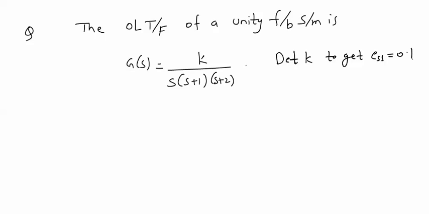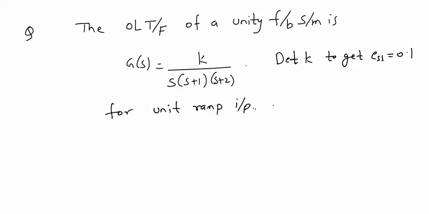So the question here is, I have to determine the value of K so that the steady state error is equal to 0.1 for unit ramp input.